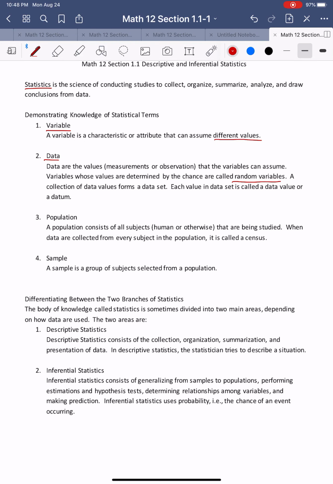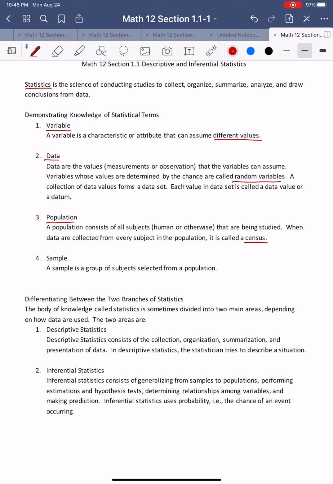Population, that's the data. A population consists of all subjects, which could be human or otherwise, that are being studied. When data are collected from every subject in the population, it is called a census. When you are doing the population, it takes so much time.